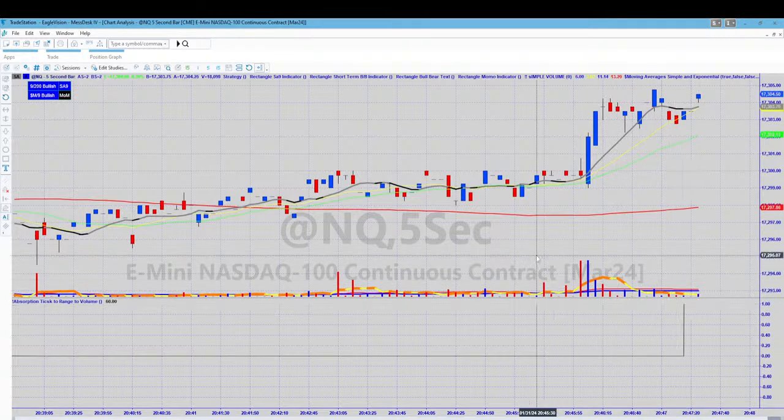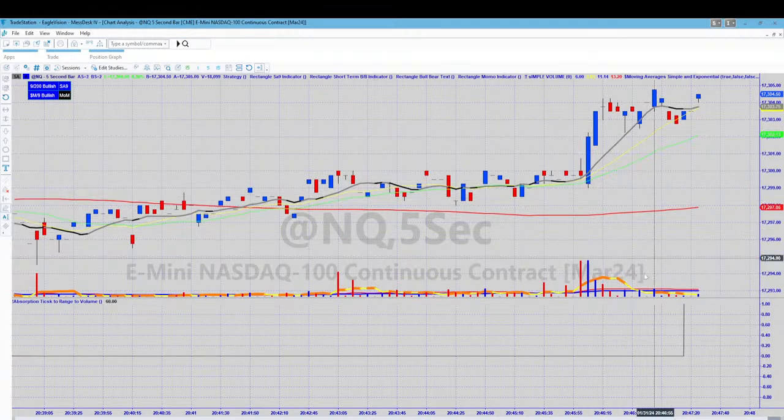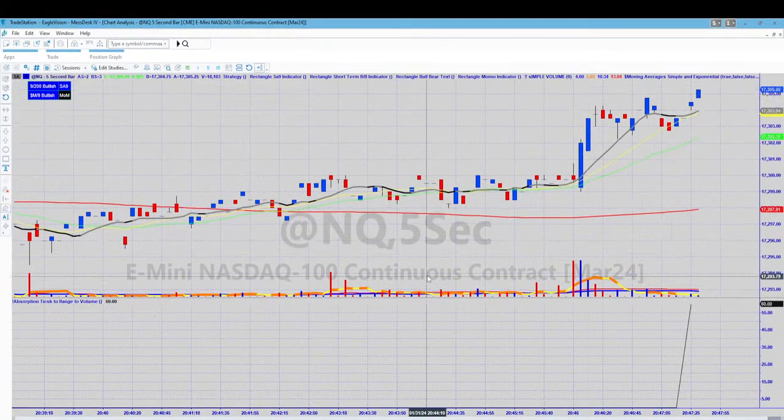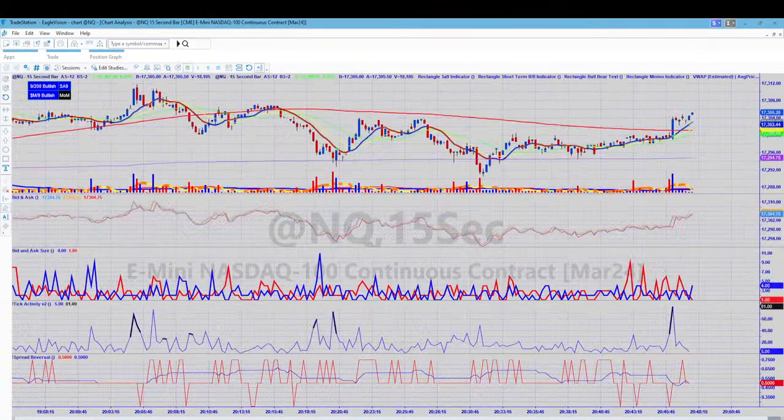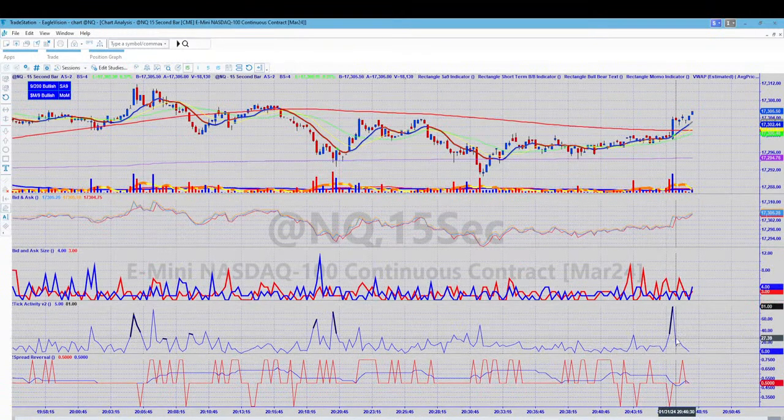But I missed that. This is one of the ones that I'll have continuously running on my chart, something like this, the absorption ticks range to volume. Like I said, none of it's going to work every time, but I was curious what that other one would have looked like.